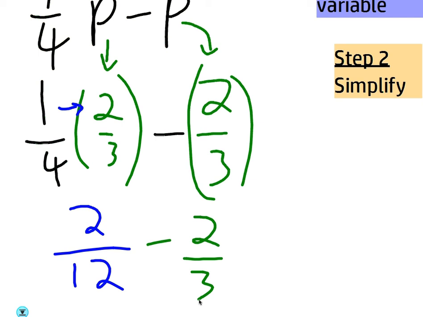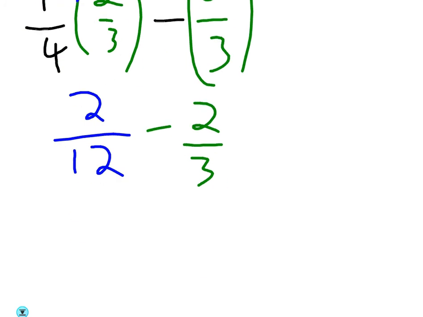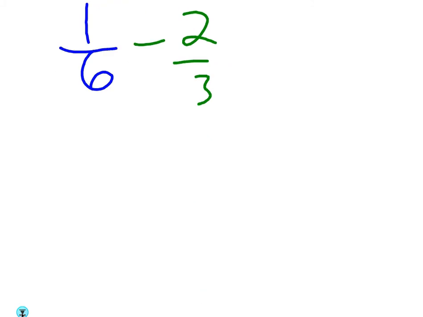Actually, we don't need to simplify it because in order to add or subtract two fractions, you have to have a common what? Common denominator. Wouldn't it be easier to simplify it? I guess it would be, yeah. We can do it a lot of different ways. We could write it as 1/6. Is that fine? Okay, so we agree that 2 over 12 is the same as 1/6. All right, what would be the common denominator of those two?